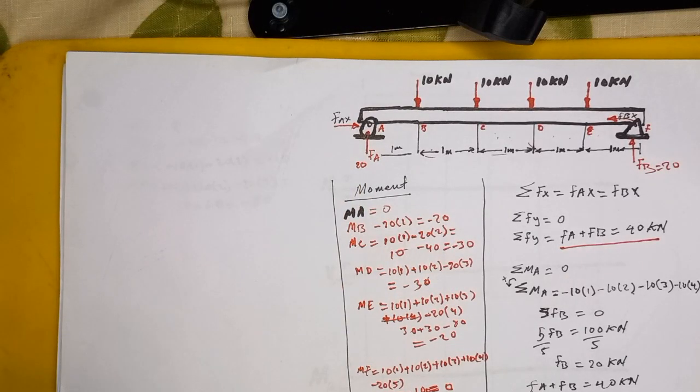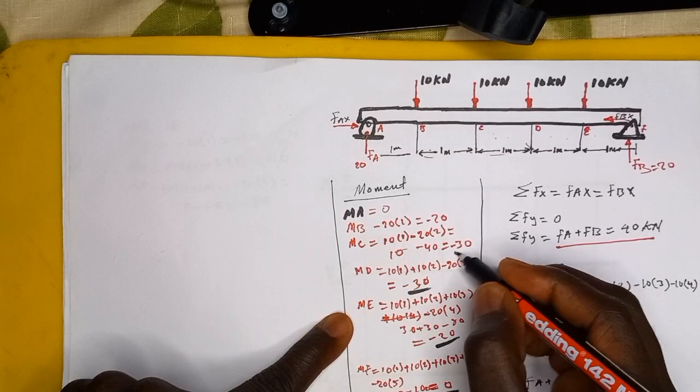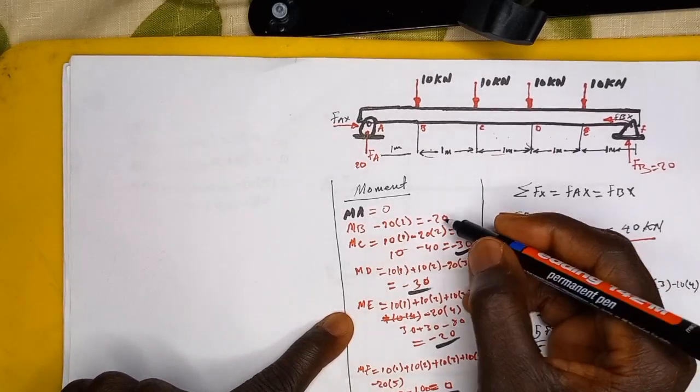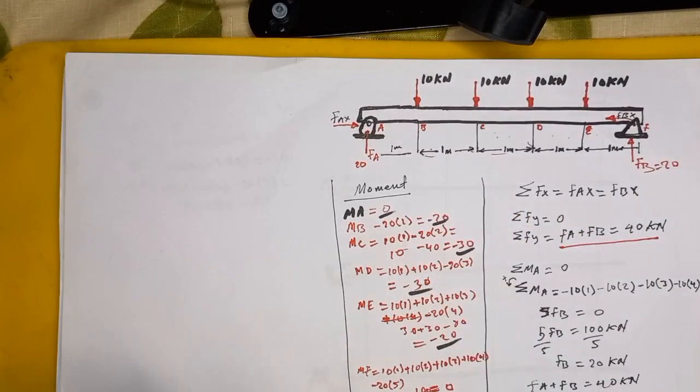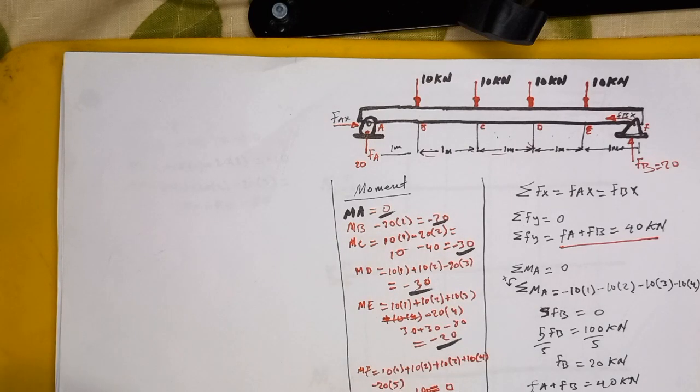So these are our points on the graph of the bending moment. We have this, we have this, we have this, we have this, we have this, and we have this. So plotting the graph, we first start with the shear force and then graph the bending moment by using these points.